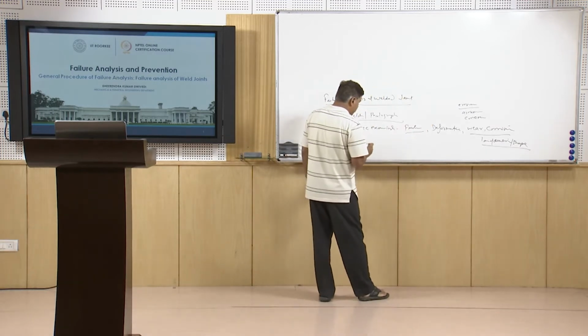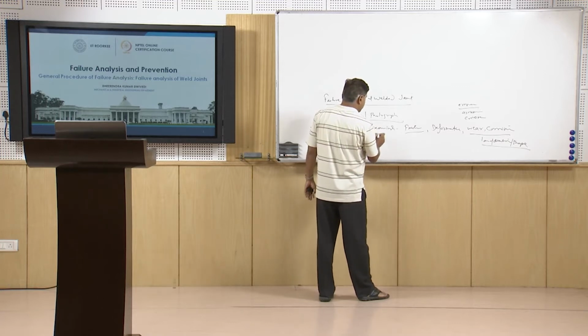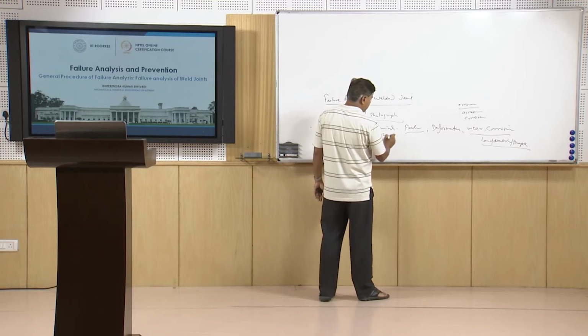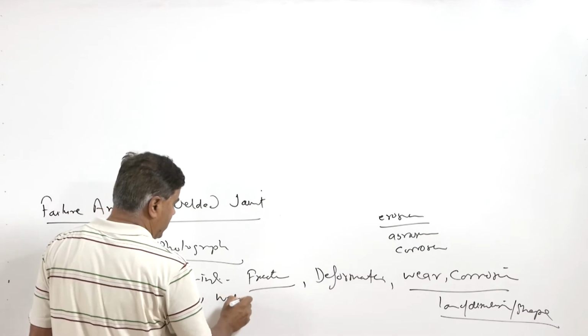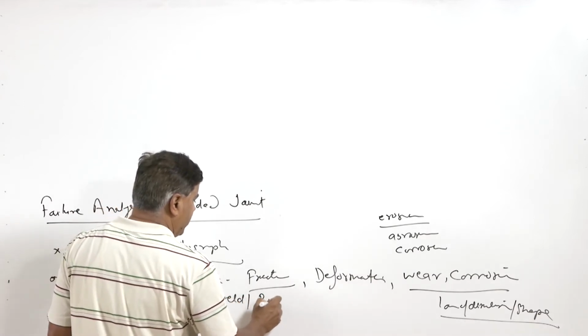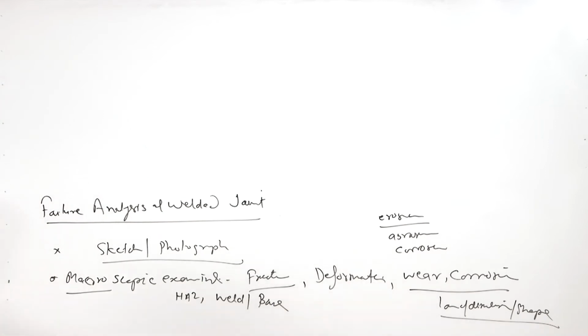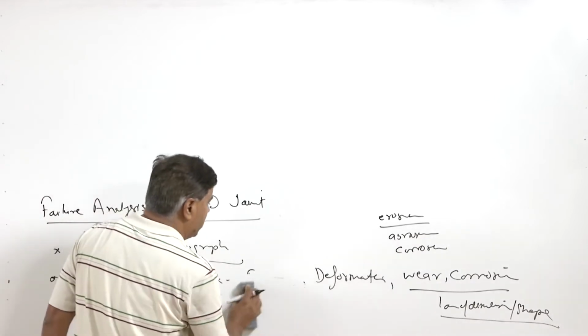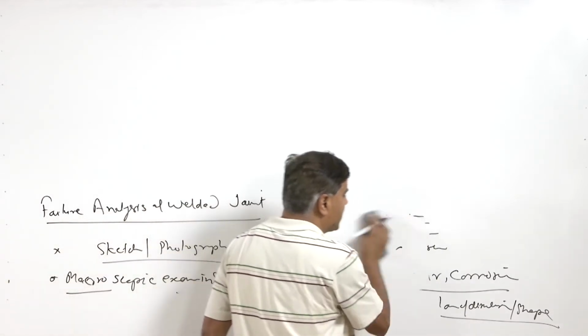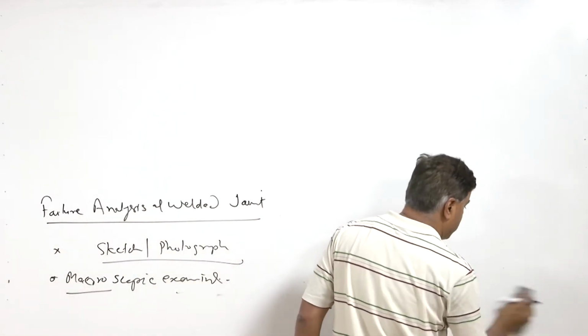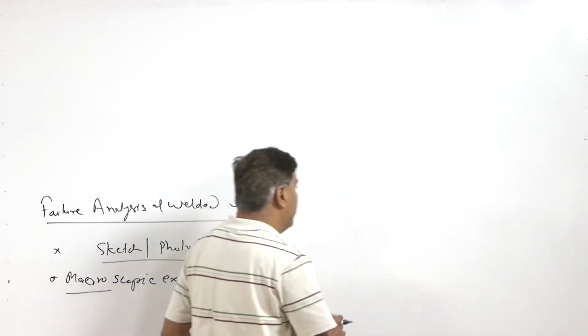It will also help us to see precisely the location of the failure: weld, HAZ, or the base metal. Another point is that it will help us have a general assessment of the weld joint, that is, the size, shape and cross section of the weld.